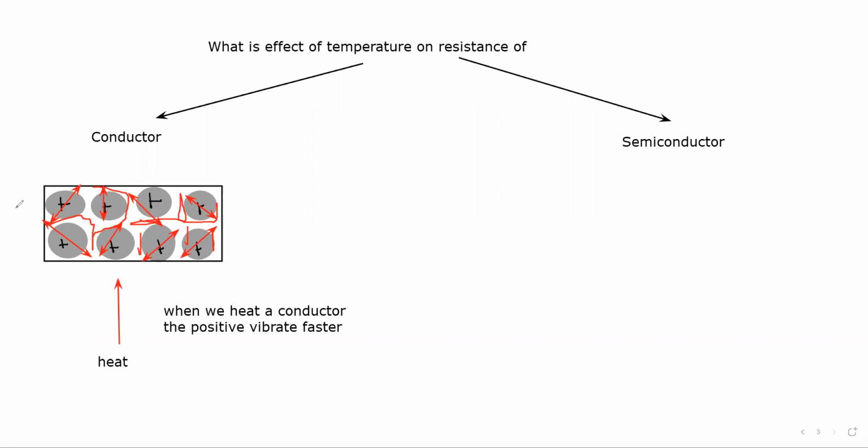Say the electrons were entering, say 3 electrons were entering. What do you think? These electrons find it easy to move or difficult to move when the lattice, the positive ions are vibrating faster? What will happen? It's your own understanding. What do you think when we are heating a metal or a conductor, the lattice vibration increases, the positive ions are vibrating faster?